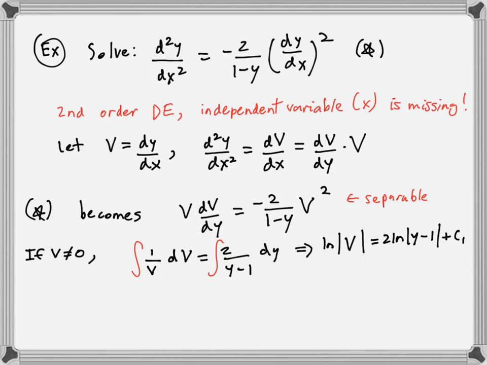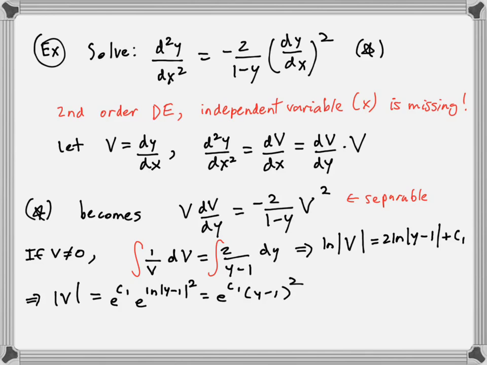So what now? Well, what we can do is we can take e to the power of both sides. So this gives us absolute value of v is equal to, this is how I'm going to write it, e to the c1, and then e to the ln of y minus 1 squared, which is equal to e to the c1 times y minus 1 squared.